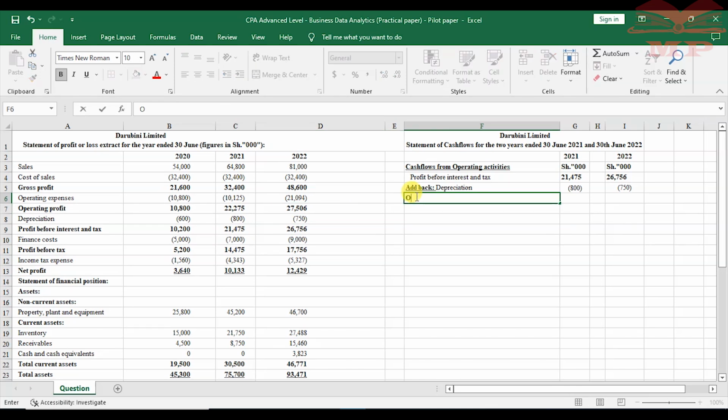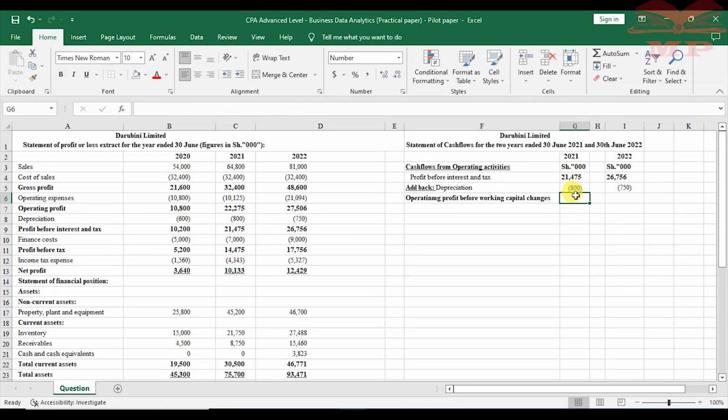Then this will give you operating profit before working capital changes. That will be given by this. I think something is wrong somewhere. We are adding back depreciation.